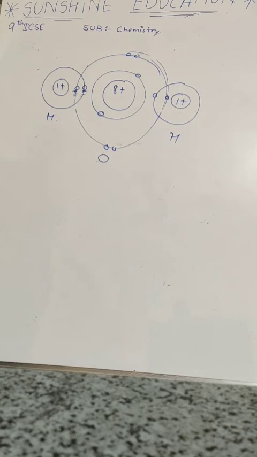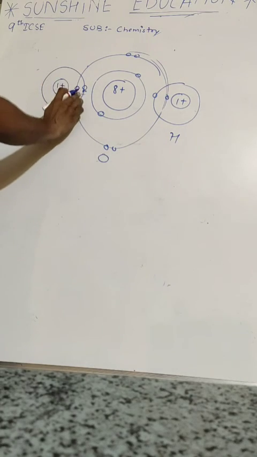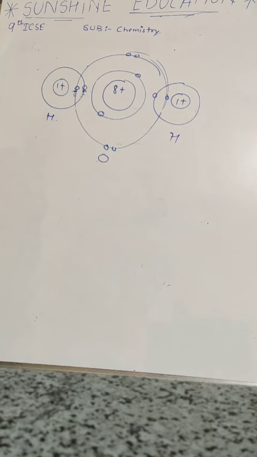In this way, a compound H2O is formed by sharing of electrons. In this way, 2 types of compounds are formed. One is ionic compounds by donation and acceptance of electrons, and another is covalent compounds, which are formed by the sharing of electrons.